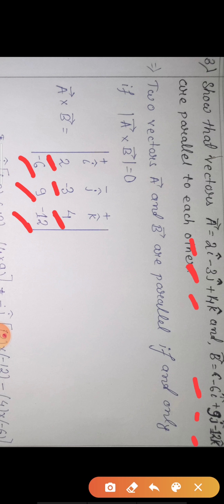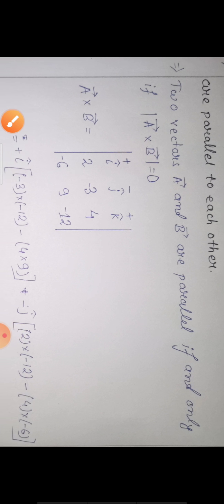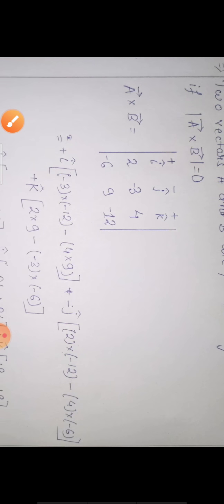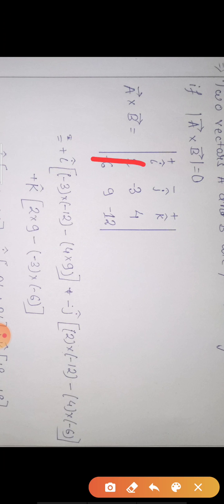Now multiply, first the i hat. When you write i hat, remove all the terms which lie in the i hat column and i hat row. Remove the j hat and k hat in your mind, and remove the 2 and the 6.